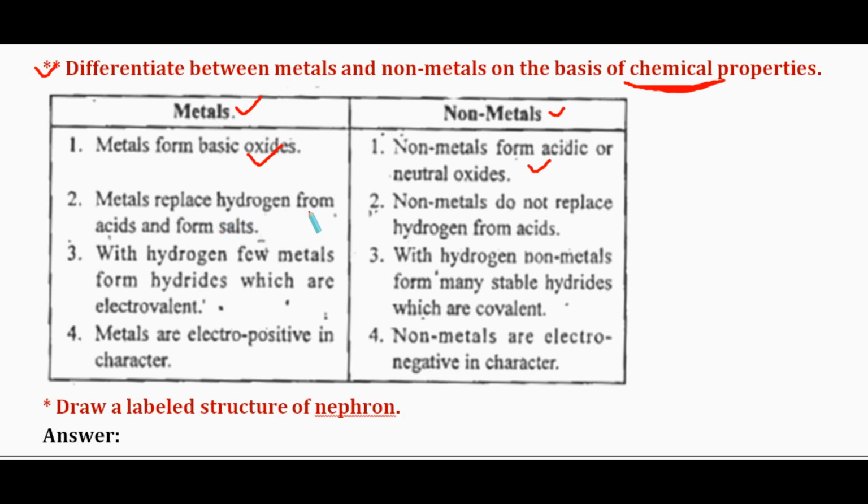Metals replace hydrogen from acids and form salts. Non-metals do not replace hydrogen from acids. With hydrogen, few metals form hydrides, which are electrovalent. With hydrogen, non-metals form many stable hydrides, which are covalent. Metals are electropositive in character. Non-metals are electronegative in character.